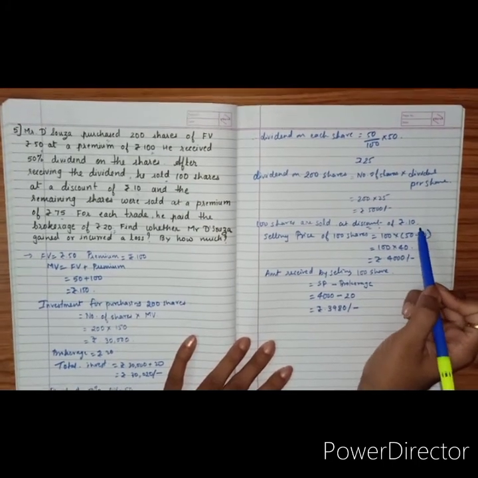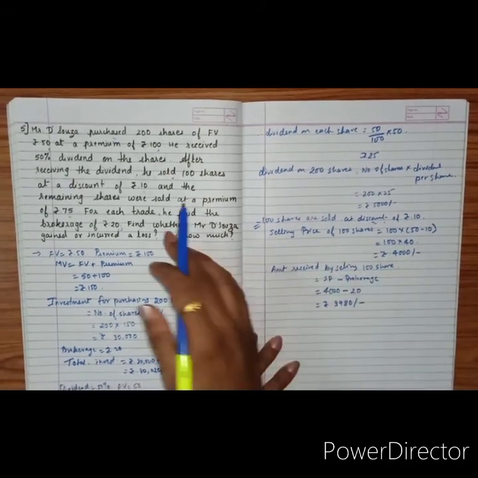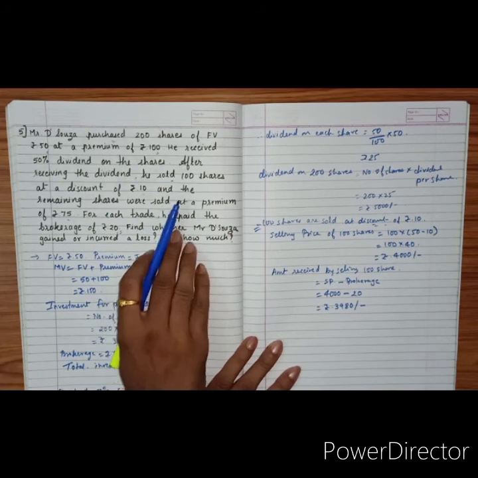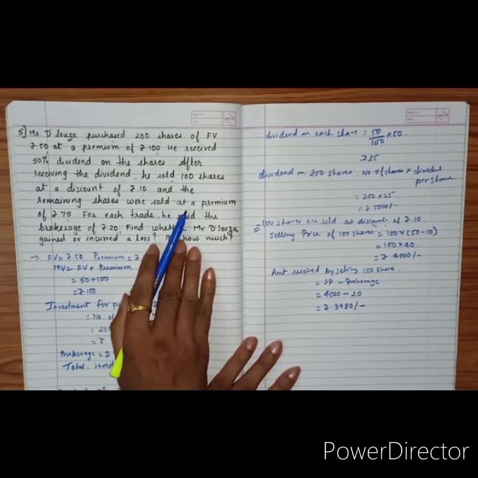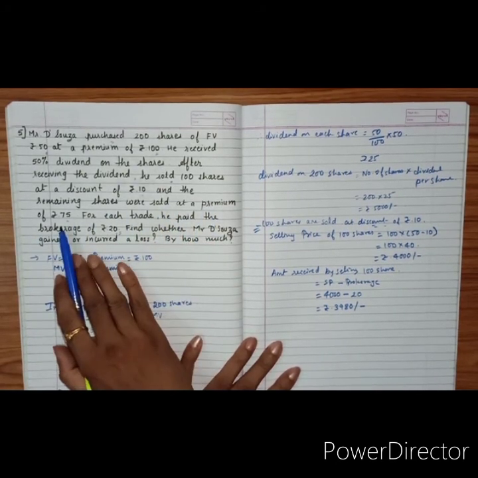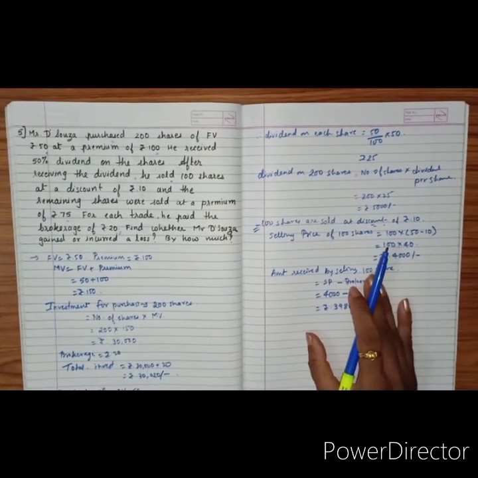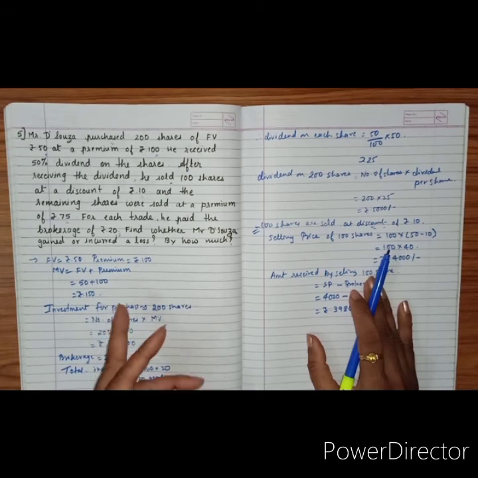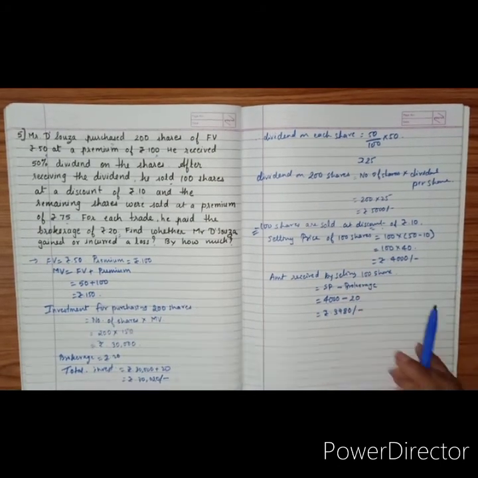Now this is for the first 100 shares. What about the remaining 100 shares? The remaining shares were sold at a premium of rupees 75. Face value plus the premium gives you the market value, right?